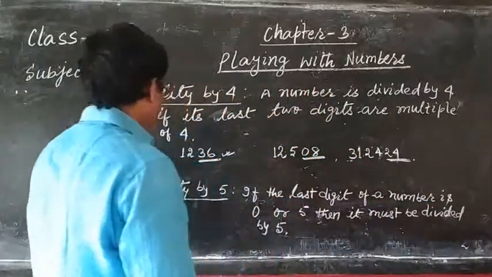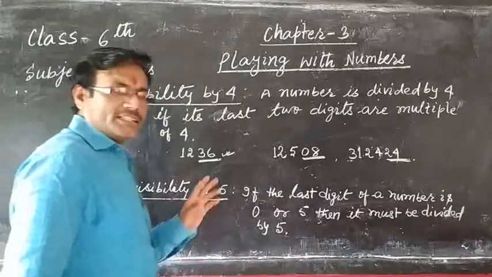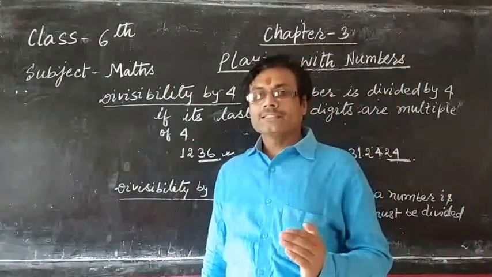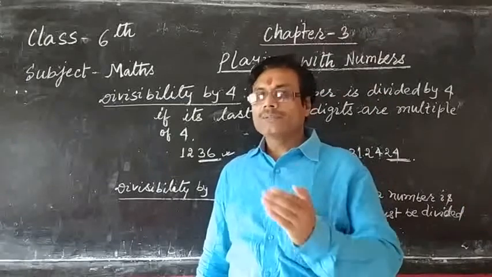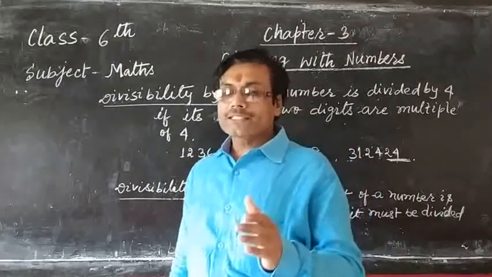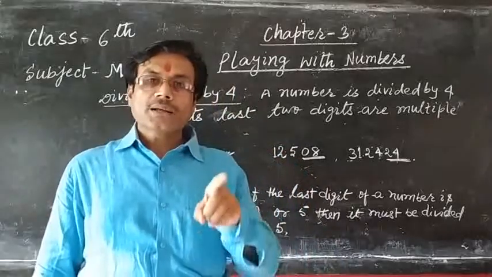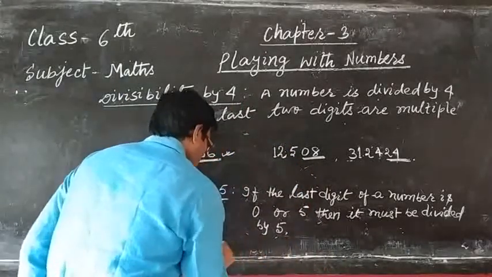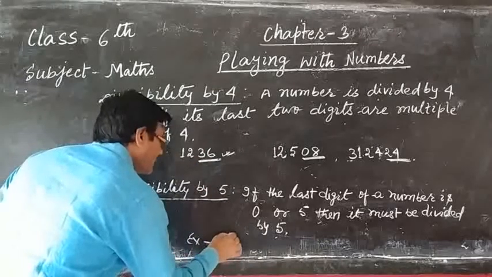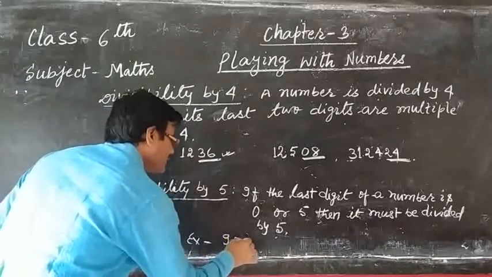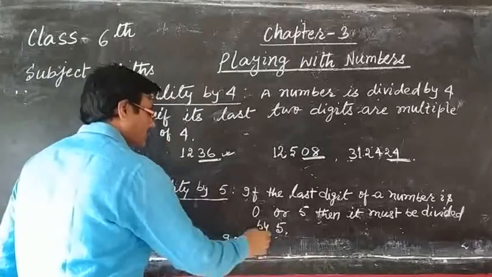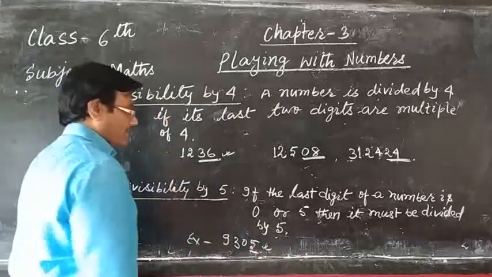Now, divisibility by 5. Very easy to know. We have to check only the last digit of the given number, and the last digit should be 0 or 5. Suppose a number 9305. Last digit is 5, so the whole number must be divisible by 5.